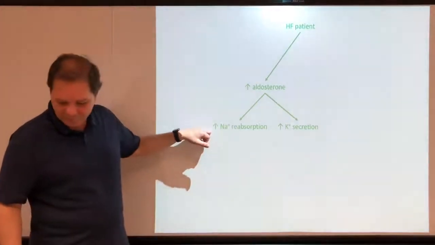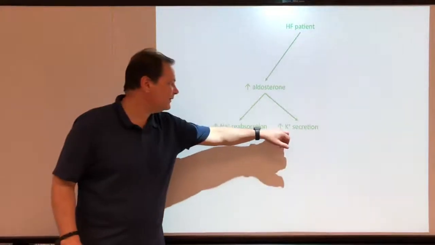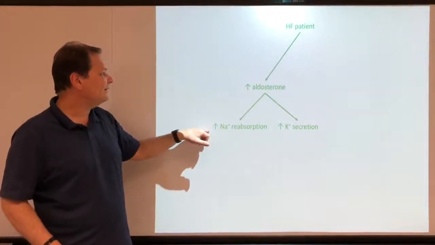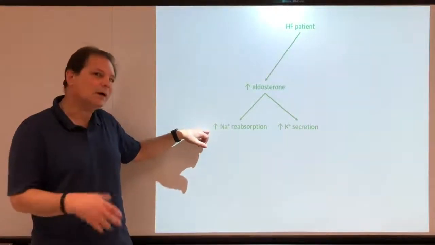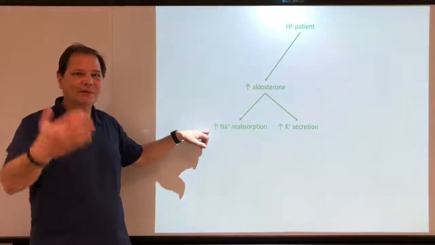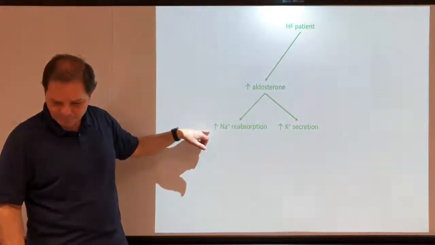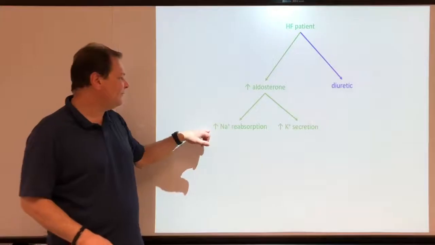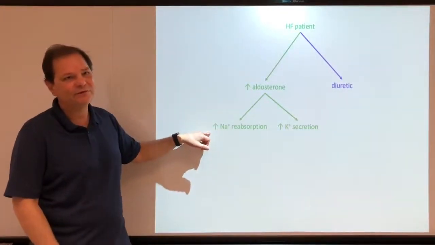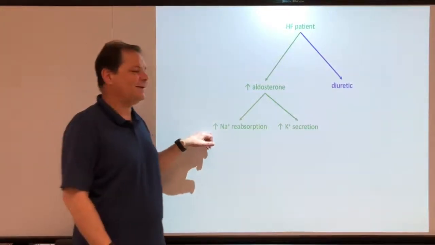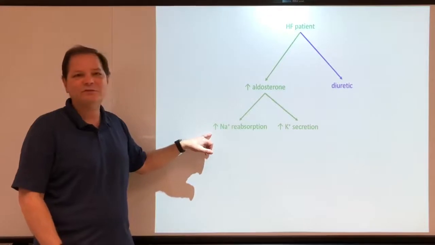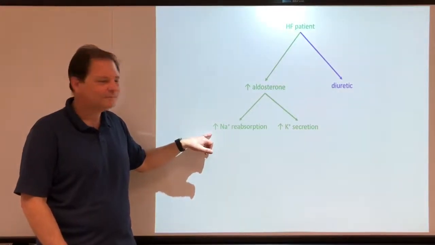So we have an increase in sodium reabsorption and an increase in potassium secretion in response to that aldosterone, and this causes you to retain water, which will help get the plasma water up, and that will increase your preload, right? So if you increase your preload too much, as you guys know now, you accumulate fluid in the tissues, and particularly when that happens in the lung, that's a very bad thing. So you may give a diuretic to treat this heart failure patient, okay?